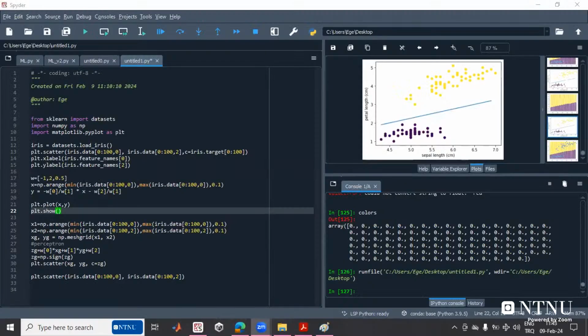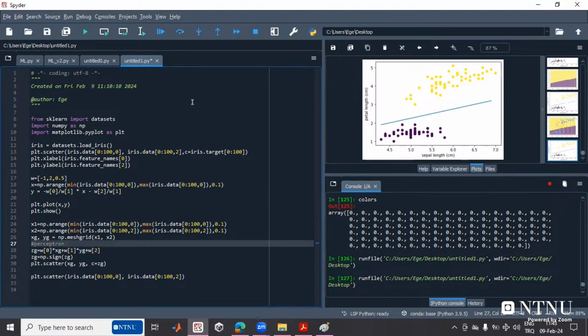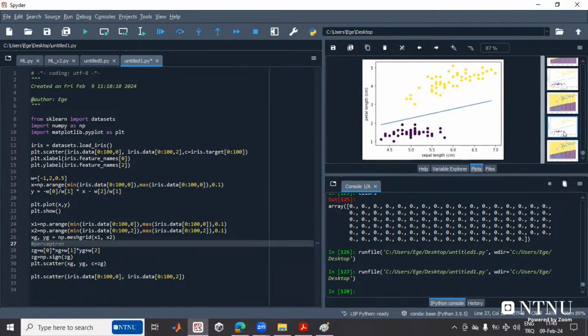Okay, can you see my screen? Okay, very good. So this is the chart that you were asking. Basically we have two classes, Versicolor and Setosa, and this is the line that we have tuned.